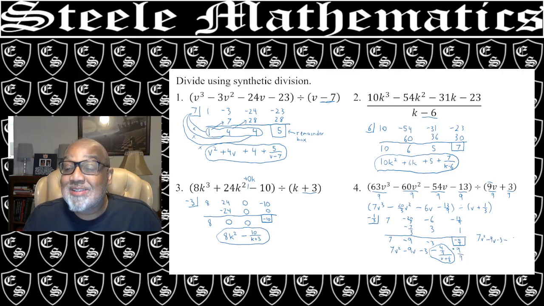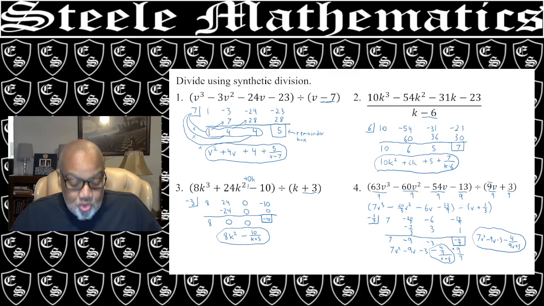So 4 over 9 times 9 is 4. 9 times v is 9v. And 9 times 1/3 is 3. So this is your solution.